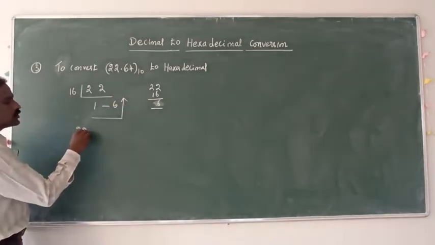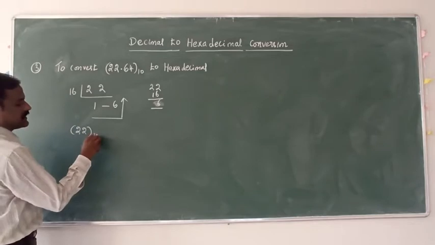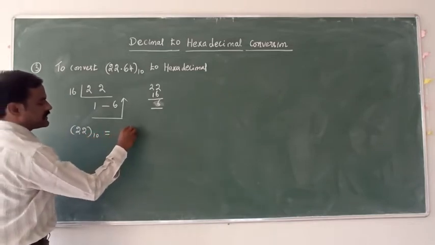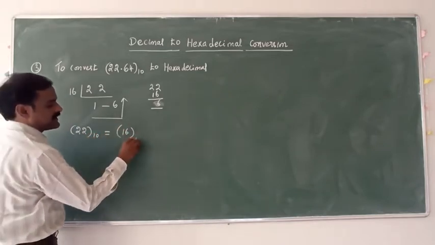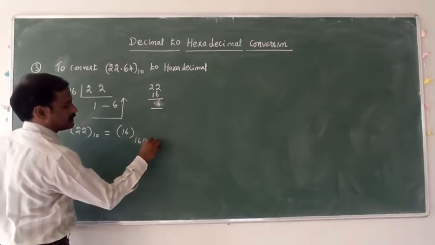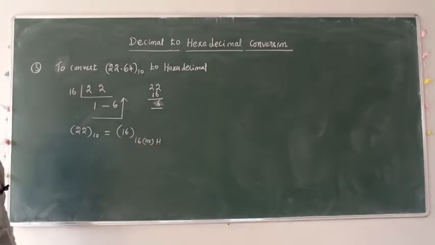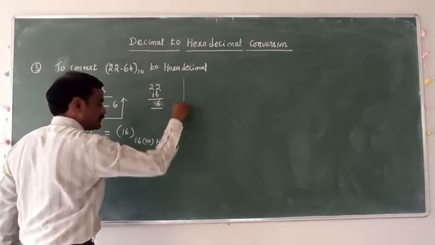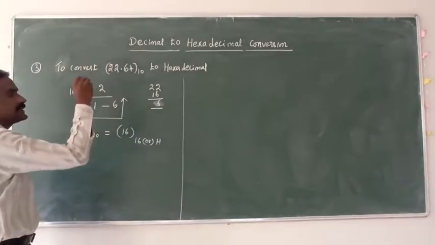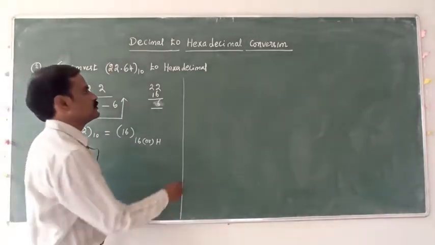That is 22 base 10 equals 16 base 16, or H. Next, we take the fractional part.